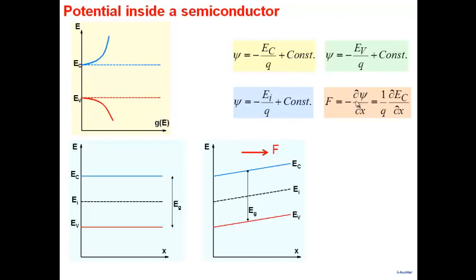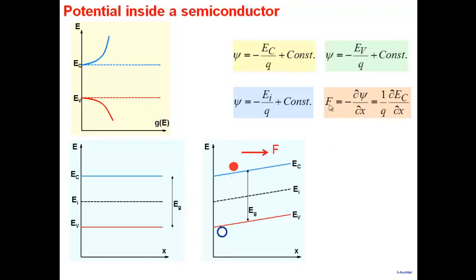If electric field is in this direction, in which direction should my electron tend to move? Suppose I have an electron, it should move in this direction. Does it make sense also? Because it's moving from higher energy to lower energy. So you can see these are consistent. When I write F equal to 1 by Q del EC by del x, it predicts a field like this here. It says that electron should go in this direction, of course, from higher energy to lower energy.